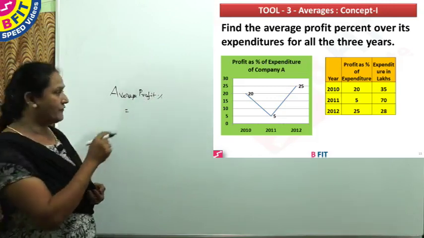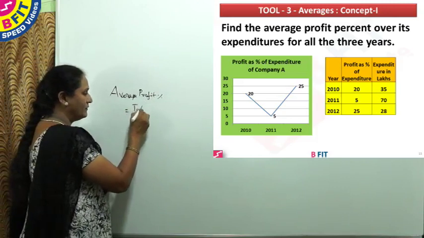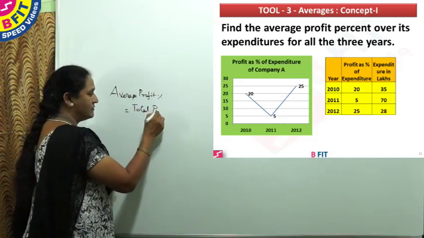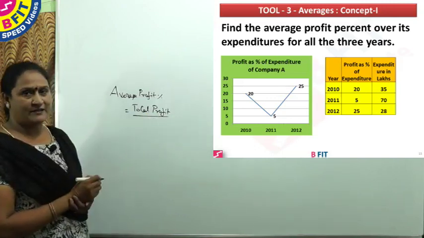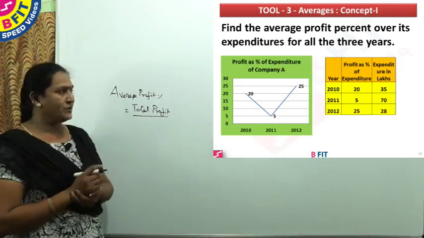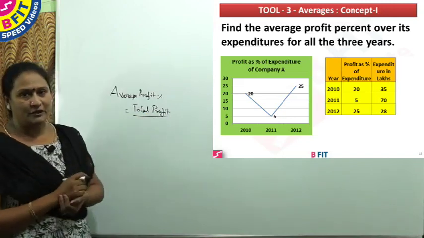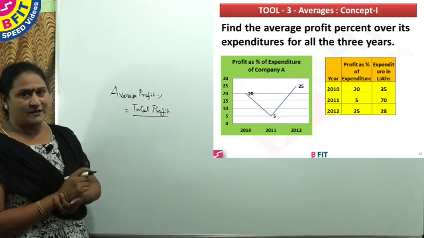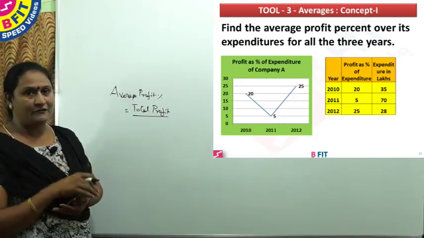the average profit percent is found by total profit by total expenditure. So we have to find the actual profits for all these 3 years and add all that, we get the total profit by total expenditure. So what are all the expenditures for these 3 years given? So we have to add all.